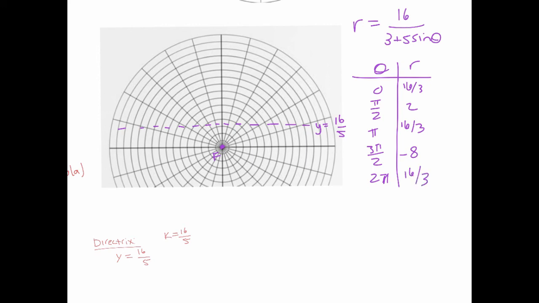So let's plot these points. I'm going to do them in red. So when you rotate 0, you walk out 16/3. So that's 5 1/3, so a little more than 5. Okay, and then when you rotate pi over 2, you walk out 2.